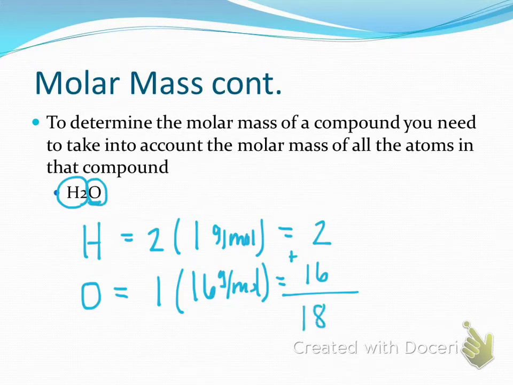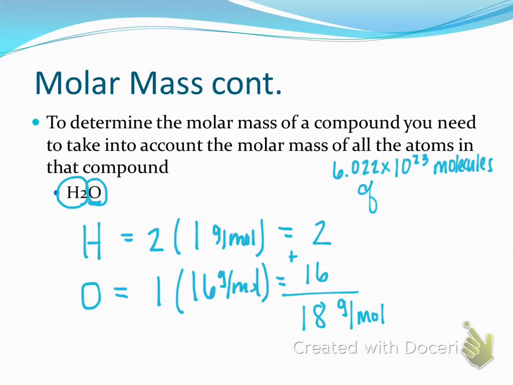Okay, which gives me a molar mass for water of 18 grams per mole. So what that's telling me is if I took 6.022 times 10 to the 23rd molecules of water, and I put it on a scale, it would weigh 18 grams.